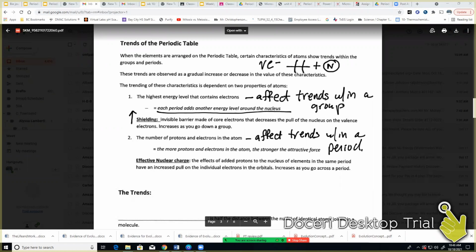Now, if I stay in a period, then I'm on the same energy level. So it's not a distance thing anymore. But as I go across the period and I'm in the same energy level, I'm adding protons as I move across a period. So now I'm having more positive in the nucleus so it can hold the valence electrons more. And that's called effective nuclear charge, or sometimes you'll see it written as Z-eff, Z and then EFF as a subscript.